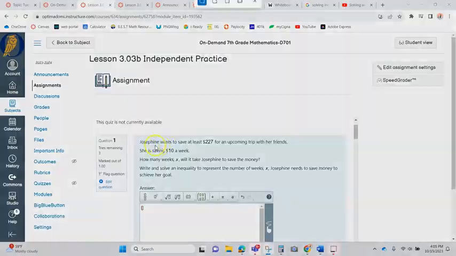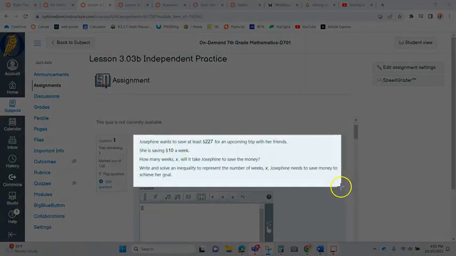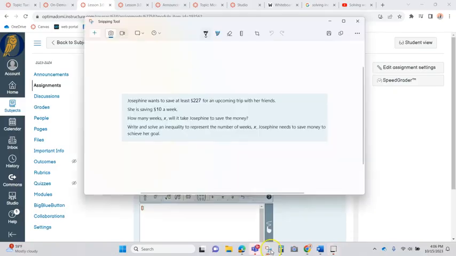First, let's take a snip, and then we'll read. While I'm reading, I'm going to underline the important parts and my math vocab word. Josephine wants to save at least $227 for an upcoming trip.